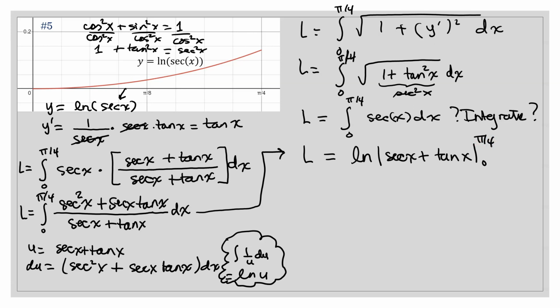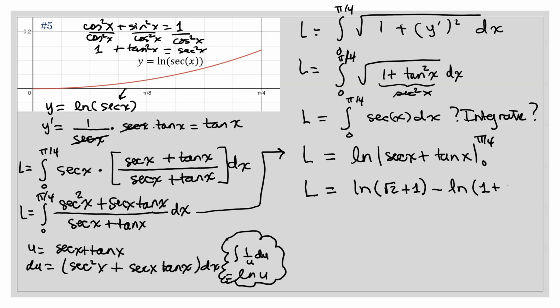So when we plug in pi over 4, we will have ln of secant of pi over 4, which is 1 over cosine, and cosine would be square root of 2 over 2, so secant is square root of 2, plus tangent of pi over 4, which would be 1, minus ln of, plug in 0, you would have 1 plus tangent of 0.